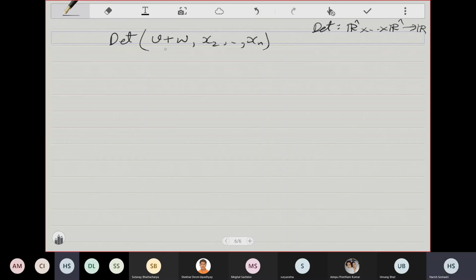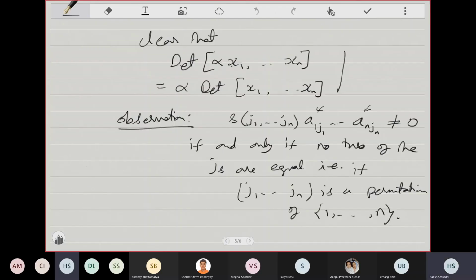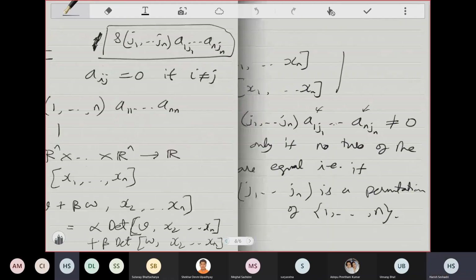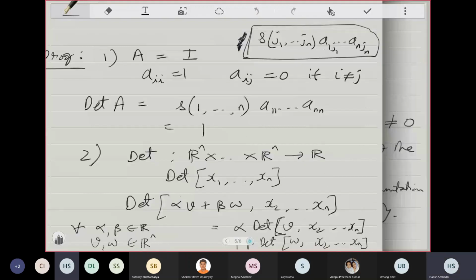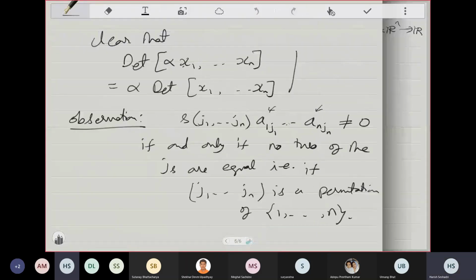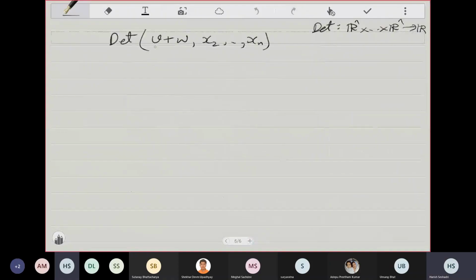So I want to look at this. Now again, the same consideration will hold, whatever we just discussed. If you go back to this thing here, for instance, here I've taken the first column.